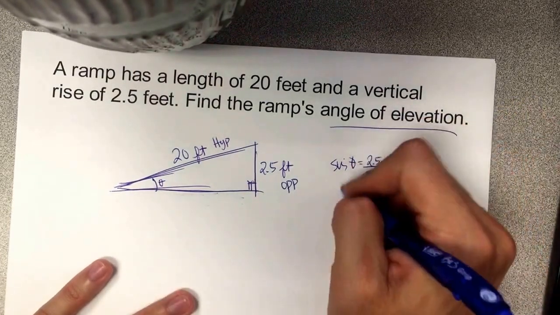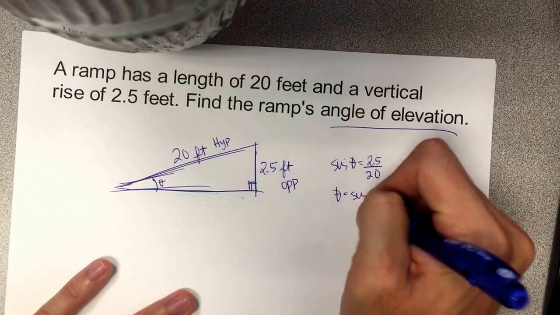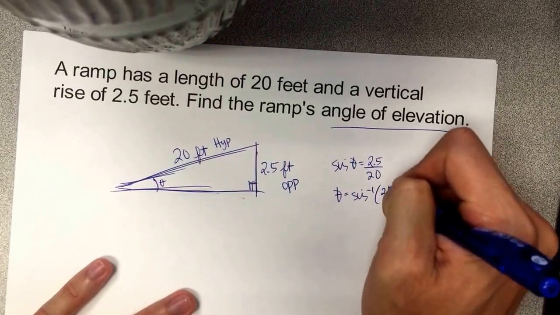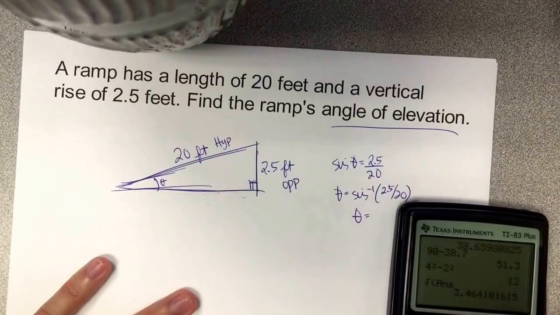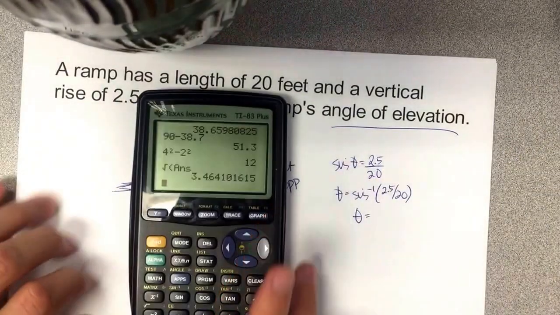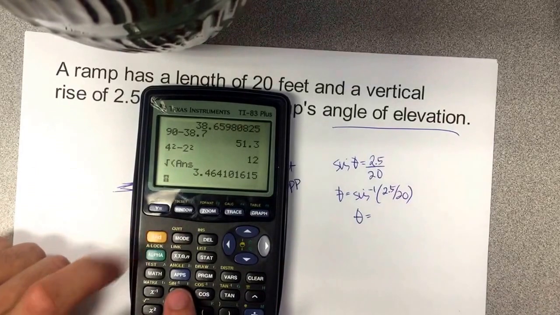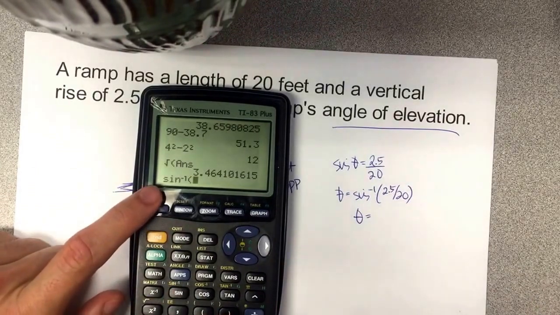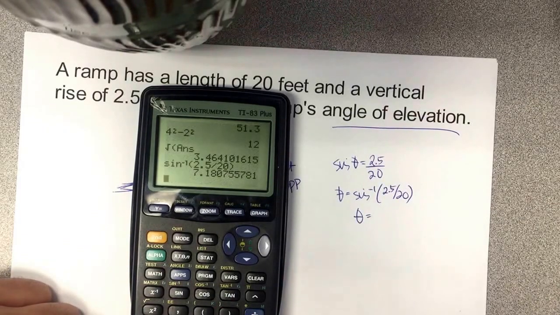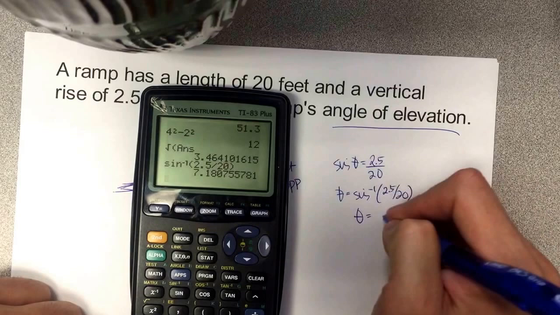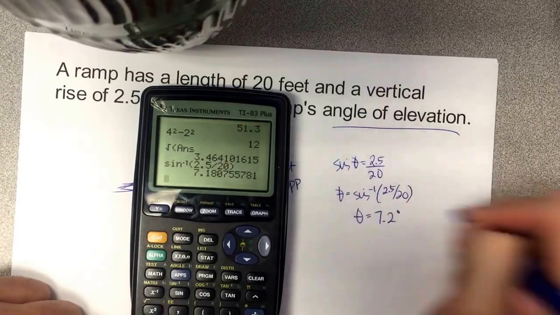In my calculator, since I'm figuring out an angle, we're actually going to use sine inverse. I'm going to write that first. And then once that's written, it's just all calculator. So we're going to go to my calculator and do second sine. That's how I get it to have the little negative 1. 2.5 divided by 20, close the parenthesis, and we end up with a final value of 7.2 degrees.